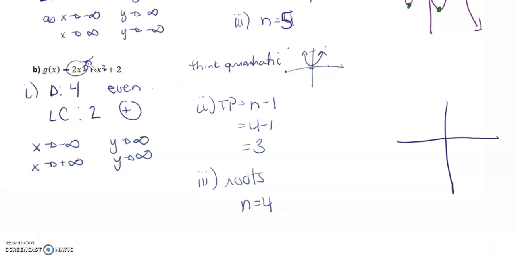So because we have an exponent 4, I'm going to zigzag 4 times. So 1, 2, 3, 4. And then we can do our checks. Okay, so turning points, 3, 1, 2, 3, that works. Okay, and then roots 4, 1, 2, 3, 4, that also works.